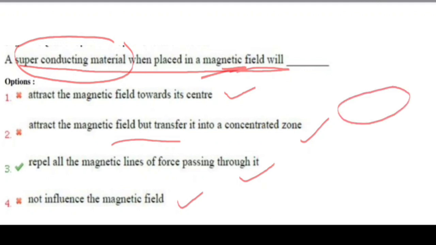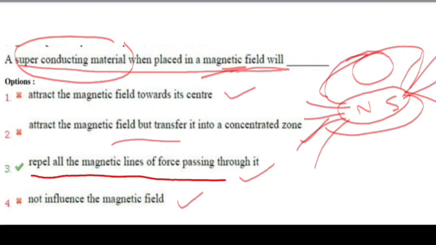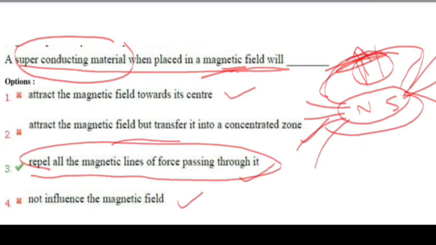Suppose there is a bar magnet and this is the magnetic field. If a superconducting material is placed in this magnetic field, it will repel all the magnetic lines of force passing through it, in either direction.